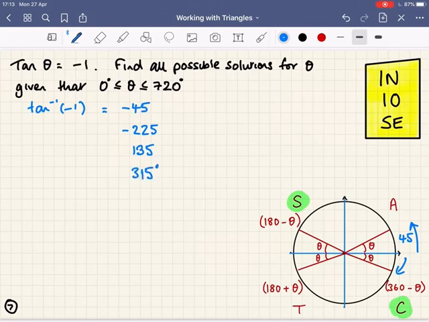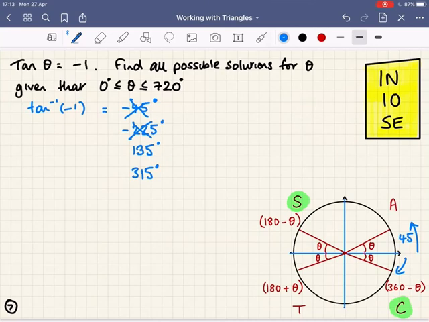So I've got 4 solutions there that all would give a value of minus 1. However, the question didn't ask for negative solutions. So actually, the first 2 there, minus 45 and minus 225, I'm not going to list those as part of my solution because I wasn't asked for negative angles.